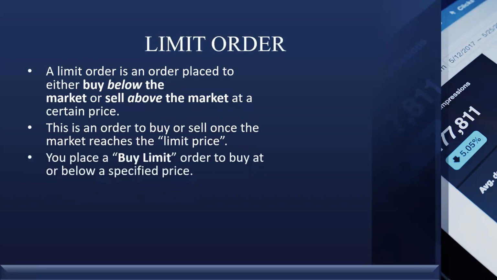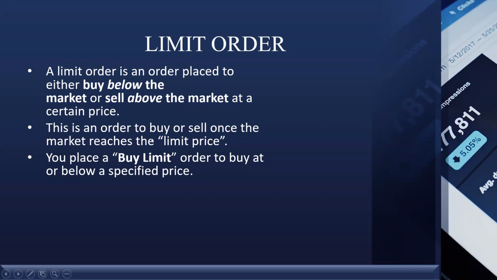So in market order and pending order, we have the limit order. A limit order is a type of pending order. Pending, waiting. A limit order is an order that is placed either to buy below the market or to sell above the market at a certain price.